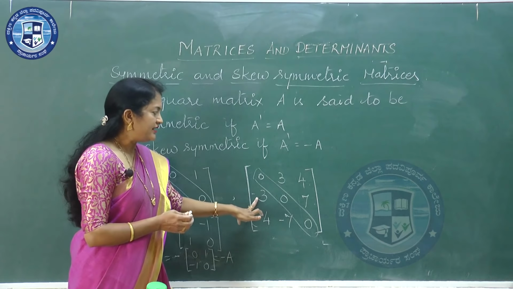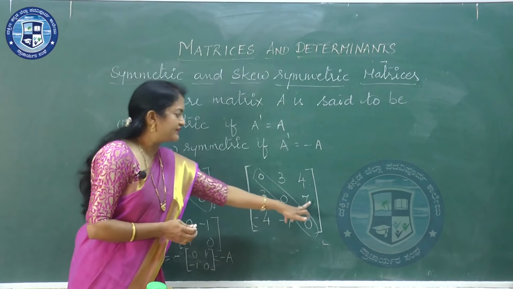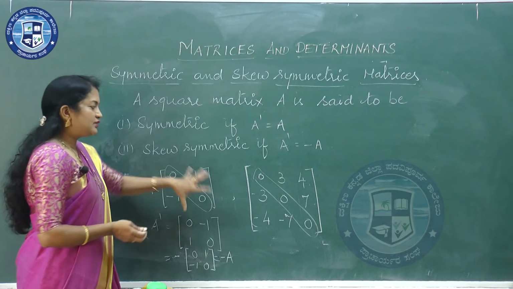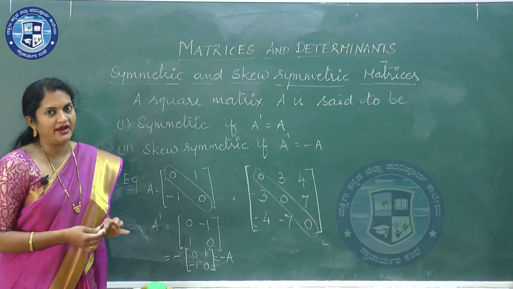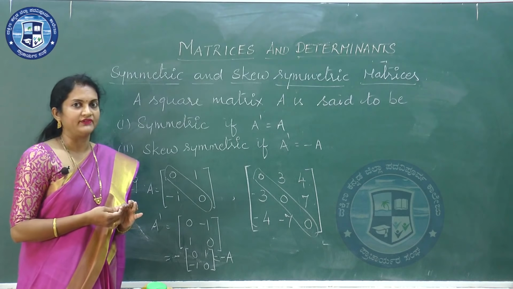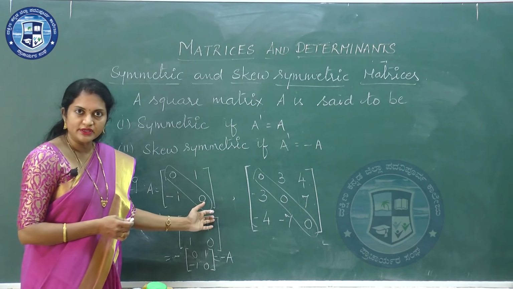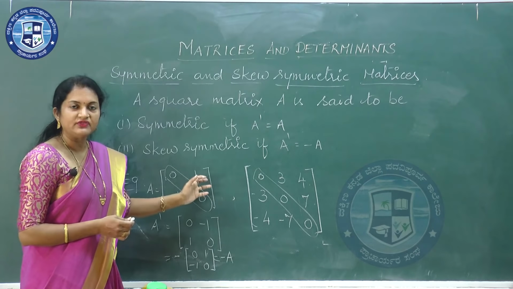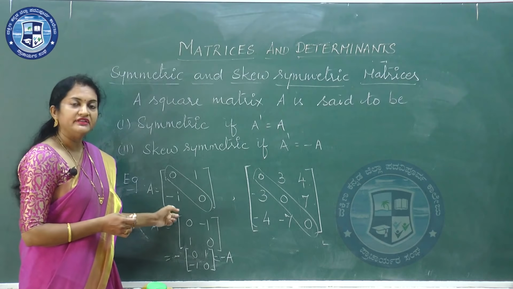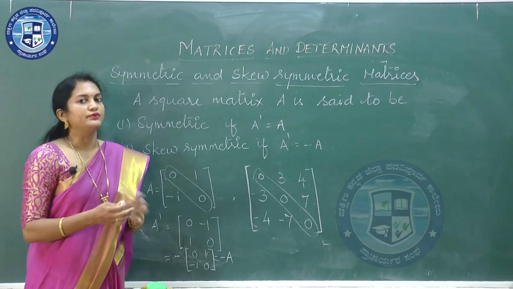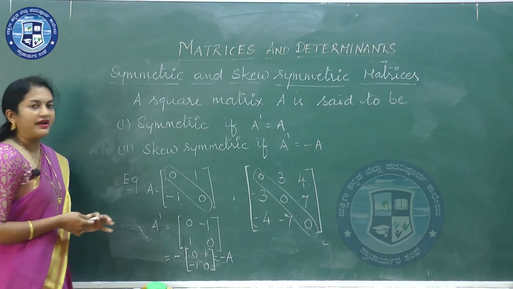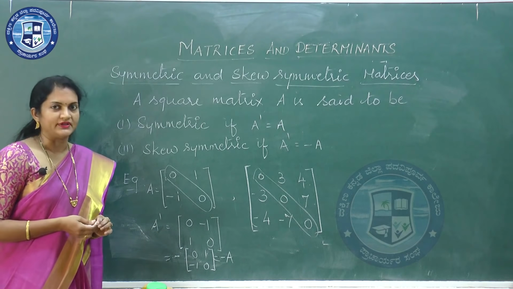If plus 3 is there, here minus 3, plus 4 minus 4, 7 minus 7. They are symmetric with opposite sign. So that is the condition for a skew symmetric matrix. If you have to write or identify a skew symmetric matrix, first the diagonal elements must be zeros and the non-diagonal elements which are symmetric about the principal diagonal must have the same magnitude but opposite sign. So in this way we can write a skew symmetric matrix.